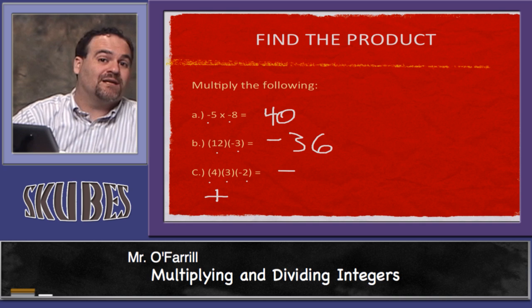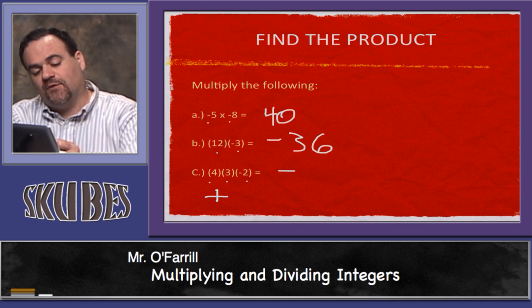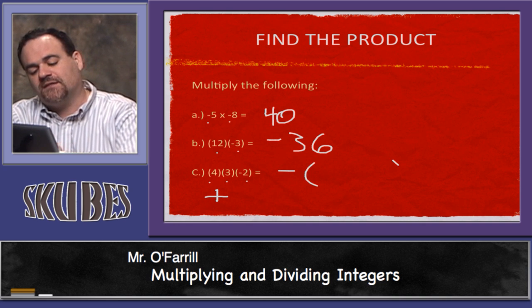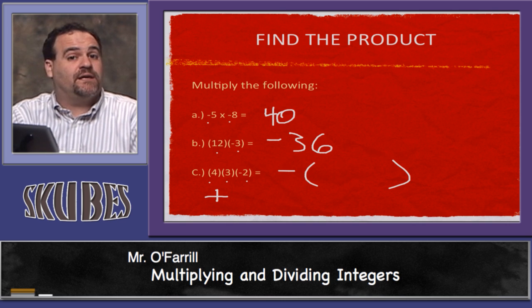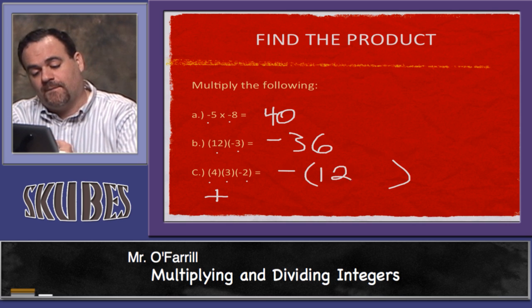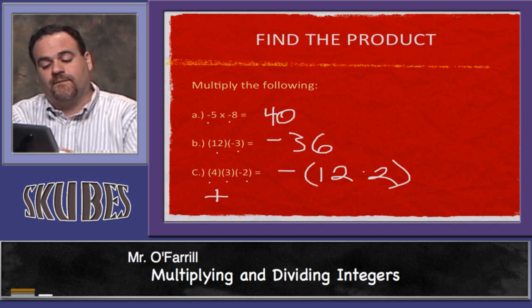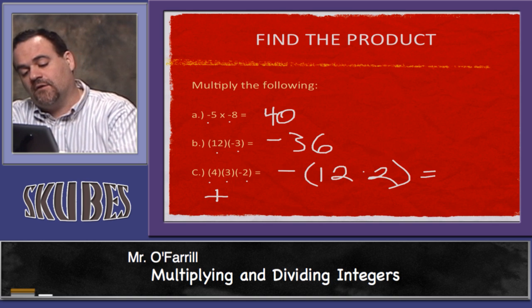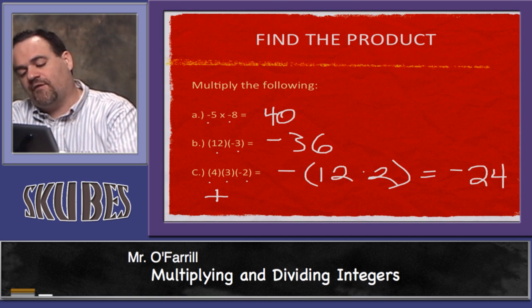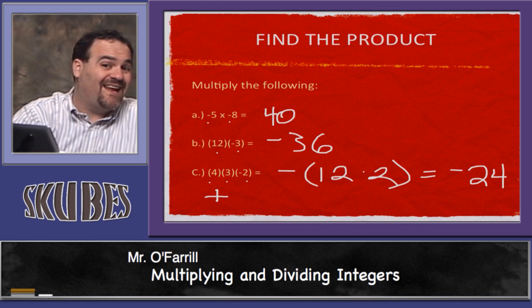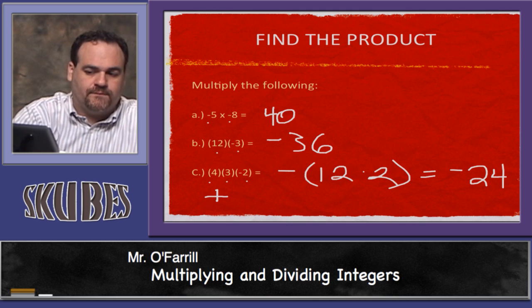Don't know what it's going to be, but it's going to be a negative something. Let's see what it is. Let's do this a piece at a time. 4 times 3, that's 12. And there's a 2 there. And 2 times 12, well, that's 24. Final answer to this problem is a negative 24.